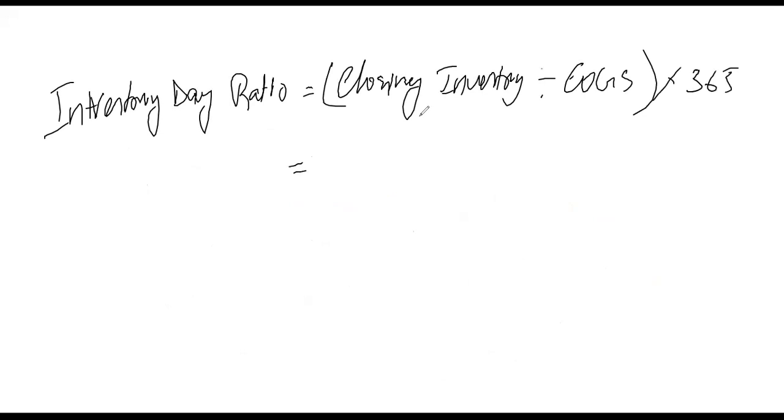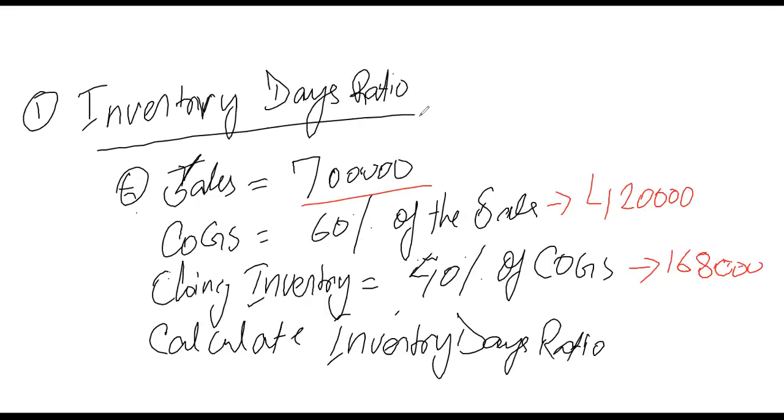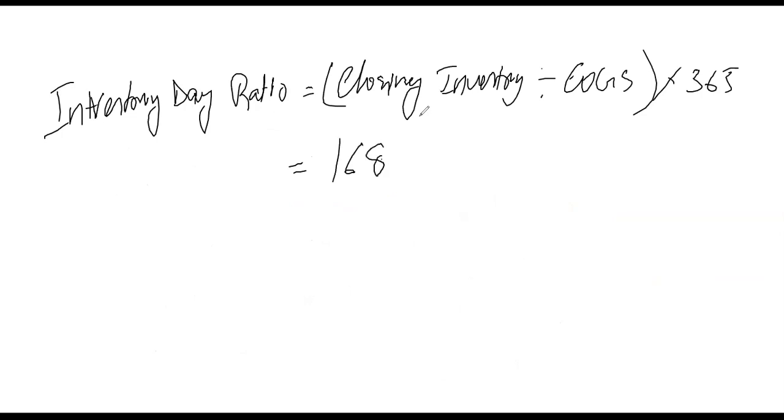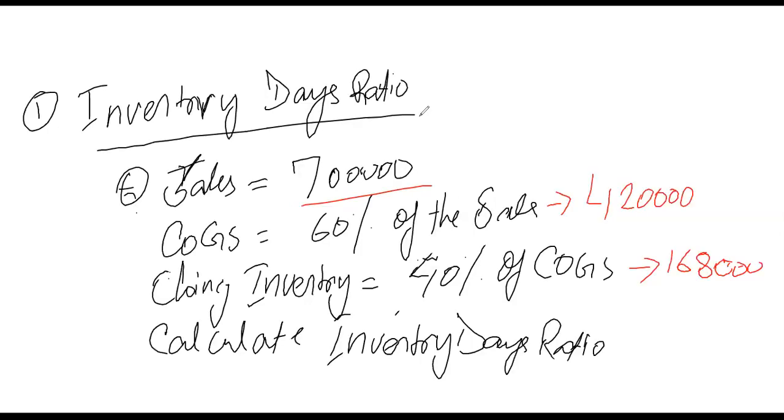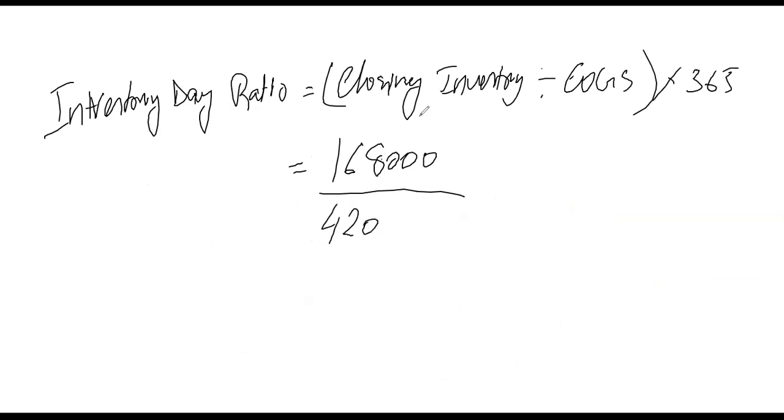So what is my closing inventory I'll be getting? My closing inventory is 1,68,000. My COGS is 4,20,000, multiplied by 365. The answer that I'll be getting will be in days.